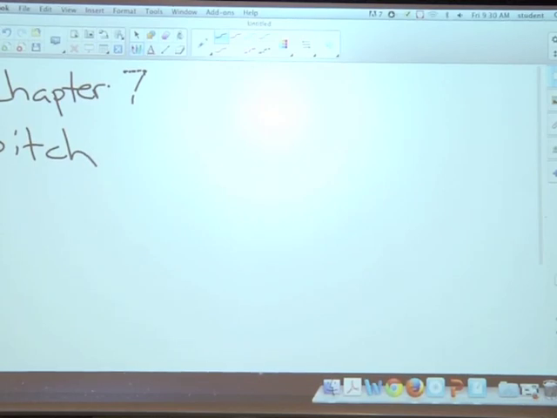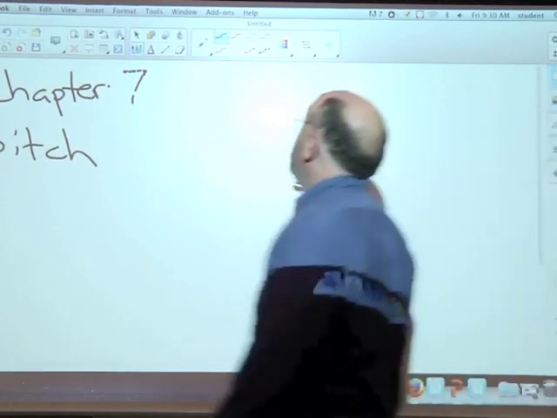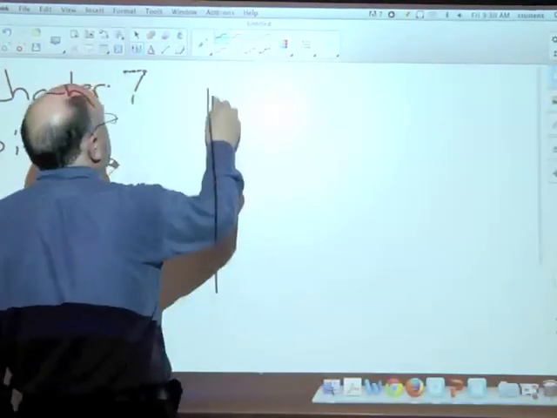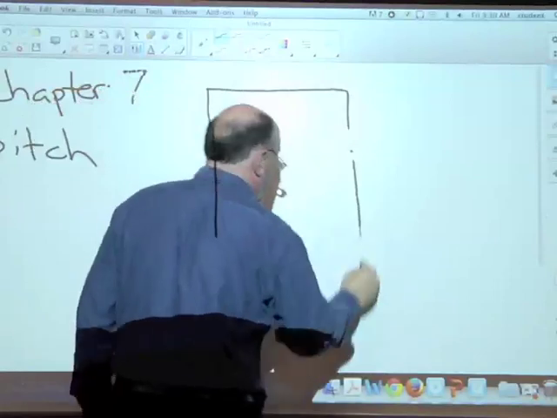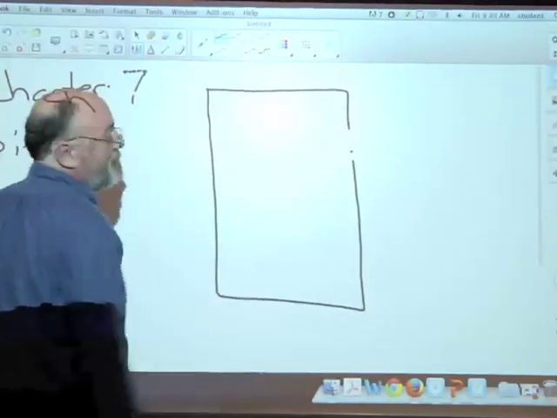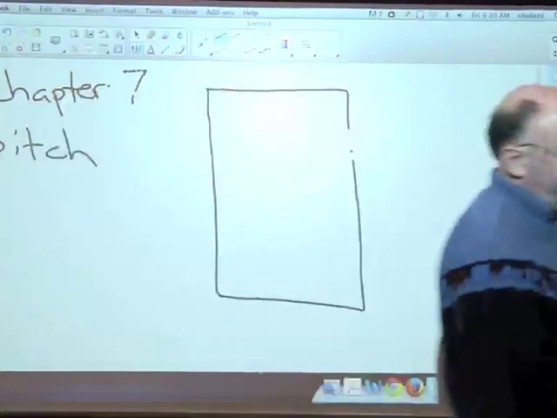So on page 123, they have a lovely graph, another one of their graphs that they like to use in this book. And it actually is part of one of the questions you have for your homework.